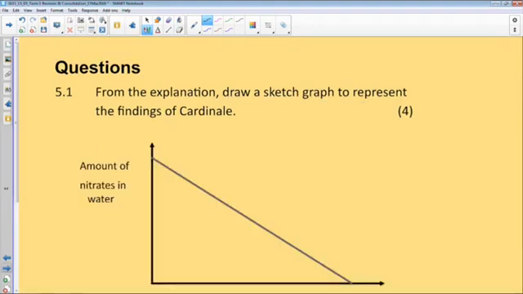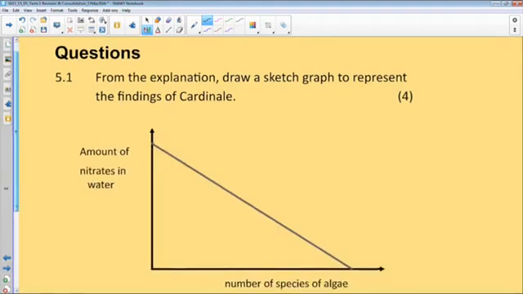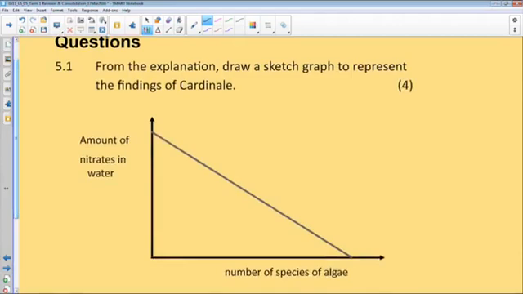So guys, let's get straight to the answers. I hope that you guys are having a discussion whilst I'm going through these solutions. So the first one, from the explanation, draw a sketch graph. And guys, a sketch graph is essentially drawing an interpretation of what the possible trend of this graph would be. And from that you can see that here the independent variable would be the number of species, and hence you're going to get a mark for putting that on the x-axis, and the dependent variable would be the nitrate content of the water.